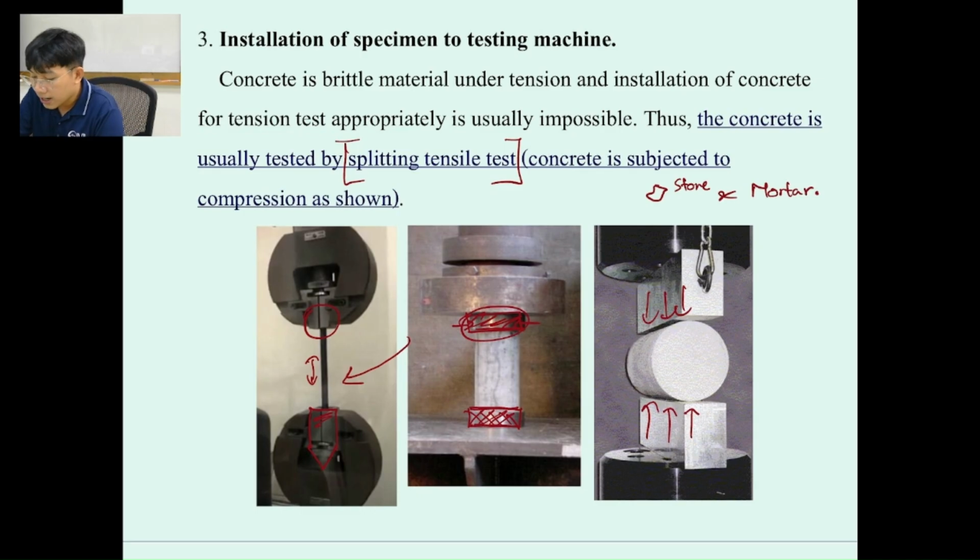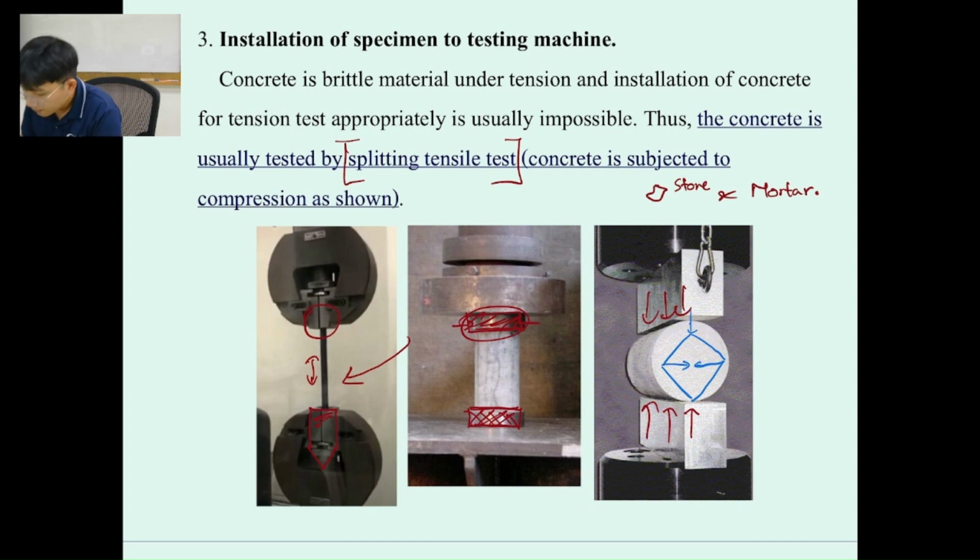Then we apply a uniform load to our concrete specimen. The load transfer is going to run in this figure, and the reaction is going to run to the center of the sample like this.